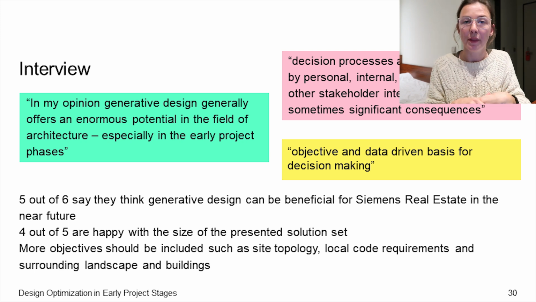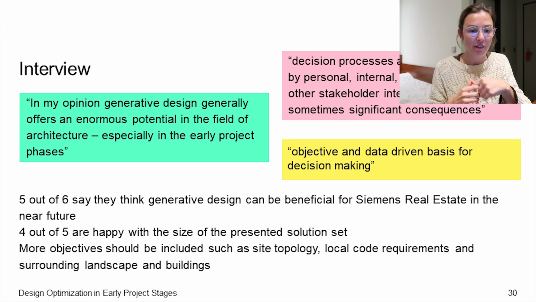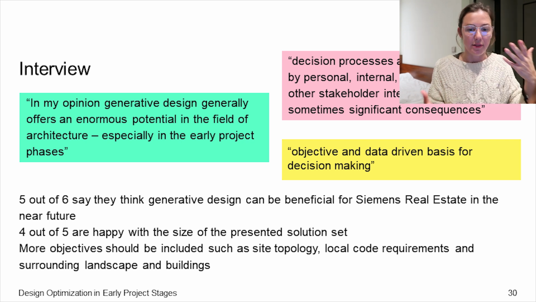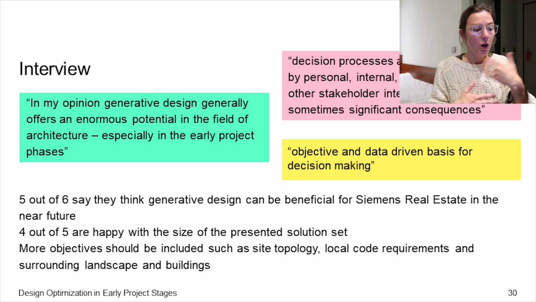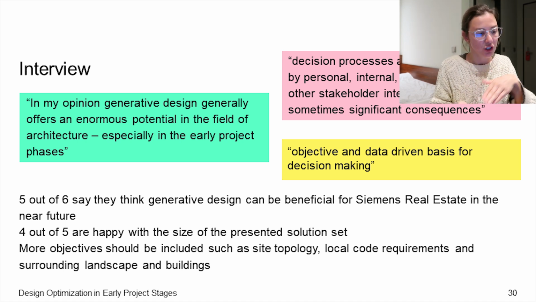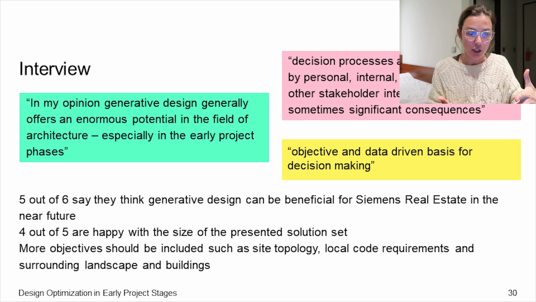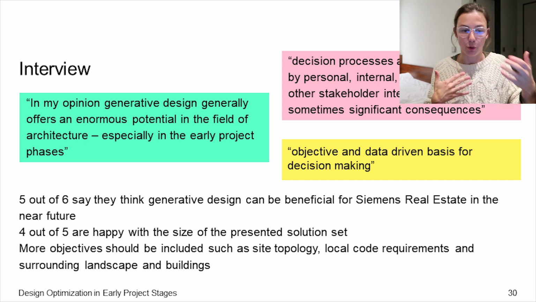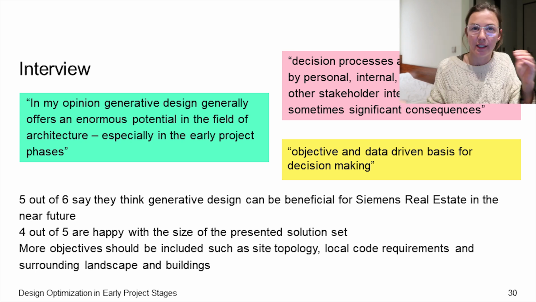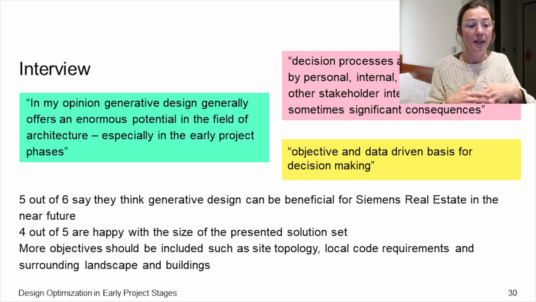interviews with some project managers from Siemens to find out how happy they were with the process, and the feedback that I got was overall positive. So they see a high potential in generative design, especially because it prohibits the manipulation of design processes that are often manipulated by personal or internal political interests.